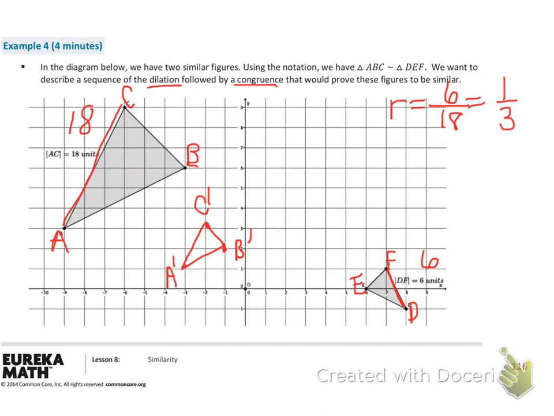Now I can see that A prime, B prime, C prime is congruent to DEF, but not mapped onto it. So I'm going to define a sequence of rigid motions that will do that.